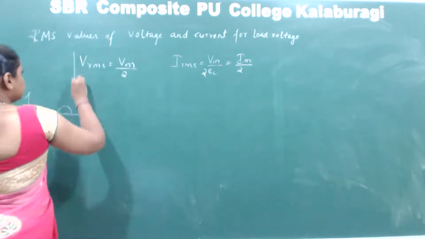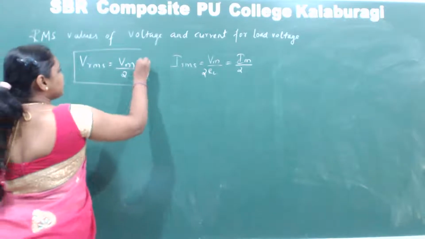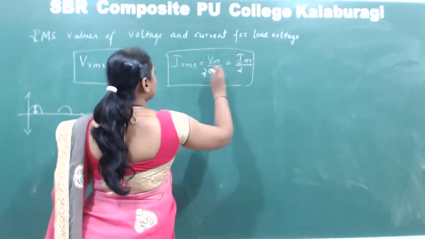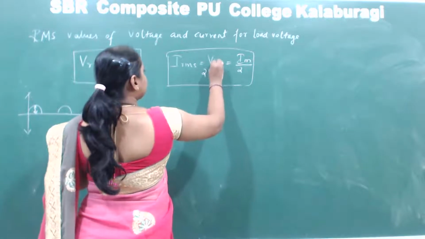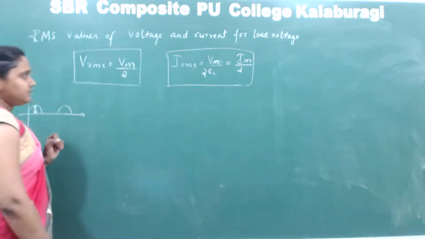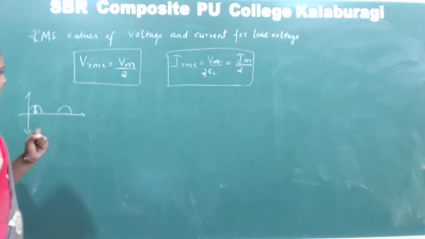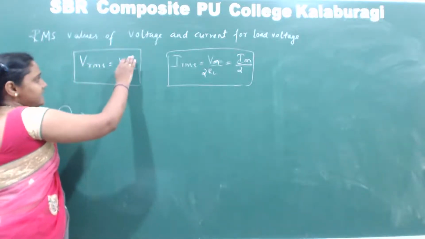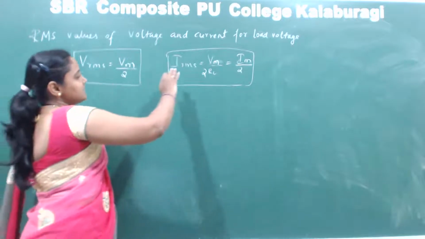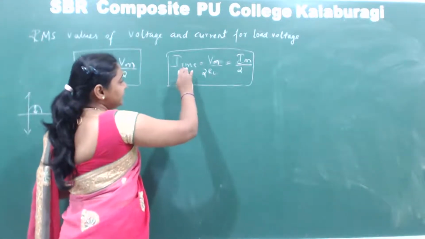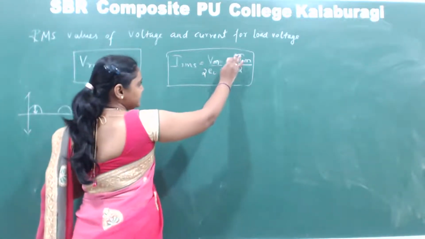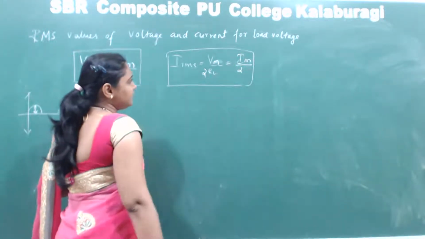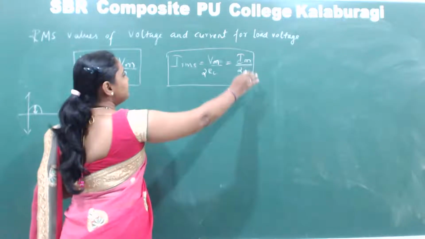So these are the RMS values for voltage and current. This is the RMS value of the load voltage, this is the maximum value of the load voltage. This is the RMS value of the load current, and this is the maximum value of the load current.